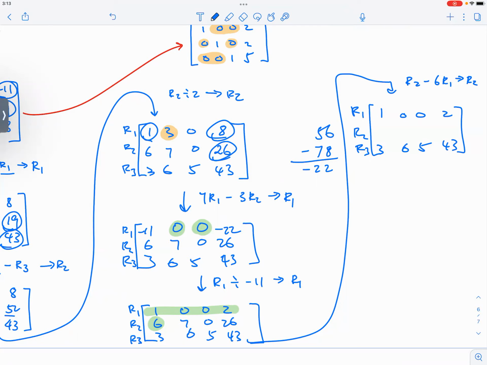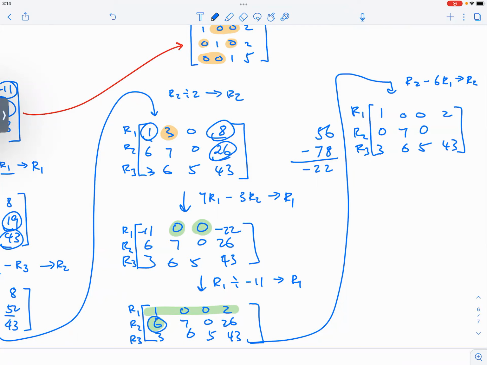See, poor handwriting, almost a disaster. And then we would say R2, which is 6 minus 6 times 1, which is 0, a total. 7 minus 6 times 0, so still 7. This would be 0.